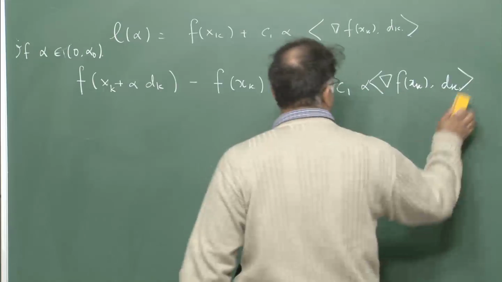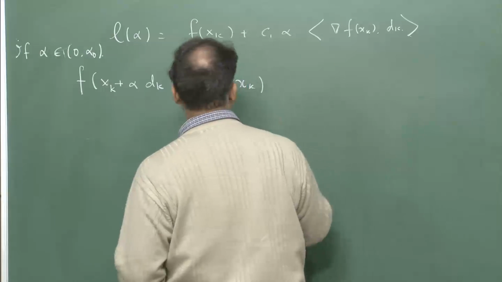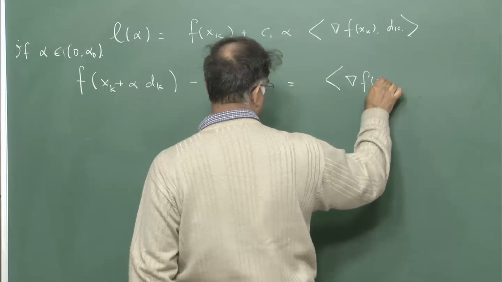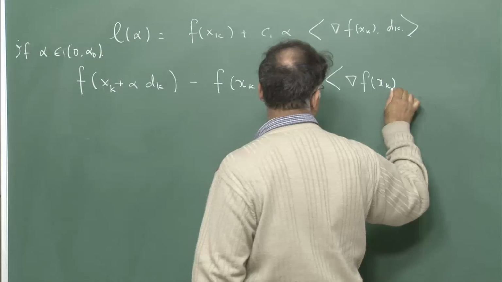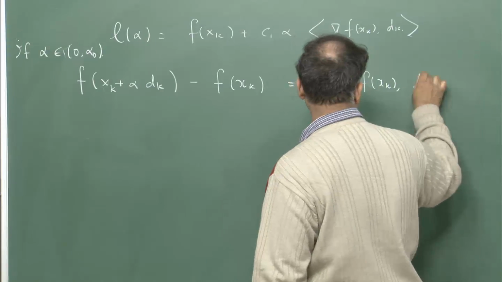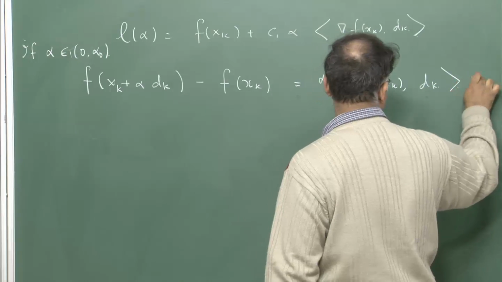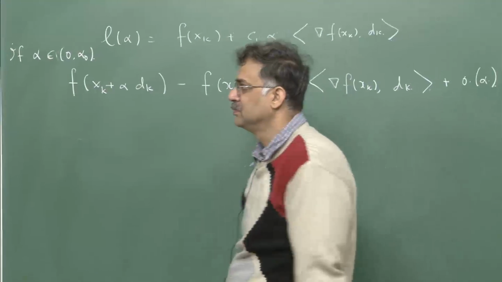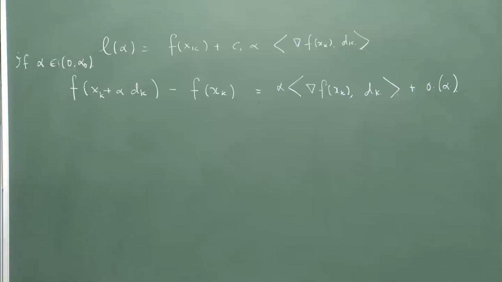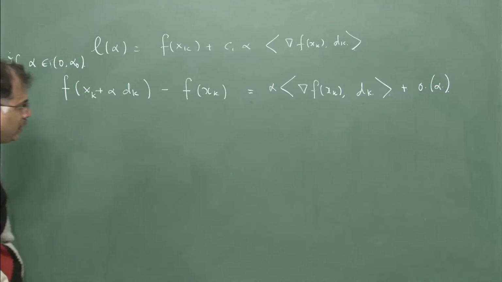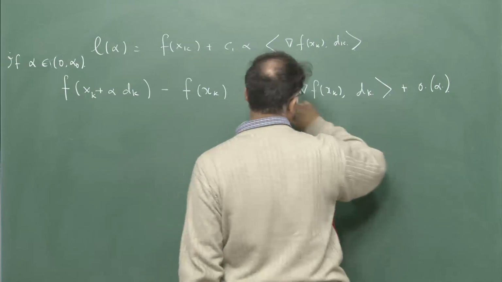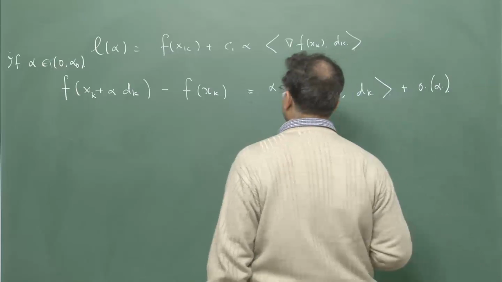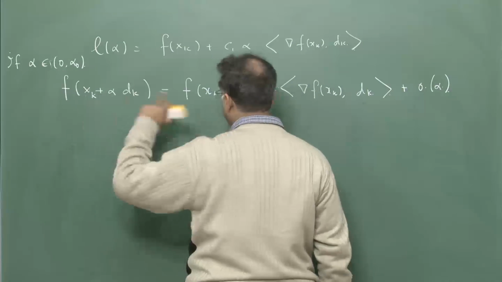By Taylor's theorem, or by the very basic definition of differentiability, you can write this as small o of alpha. So this whole thing is strictly less than 0.